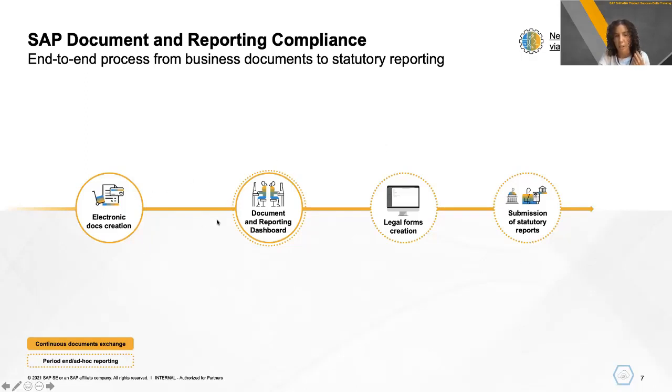And this, let's say, harmonization between real-time reporting and periodic report, it's through this holistic dashboard that allow to monitor any pending document that has been exchanged in real time, and then allow to transition to statutory reporting once they have been corrected.